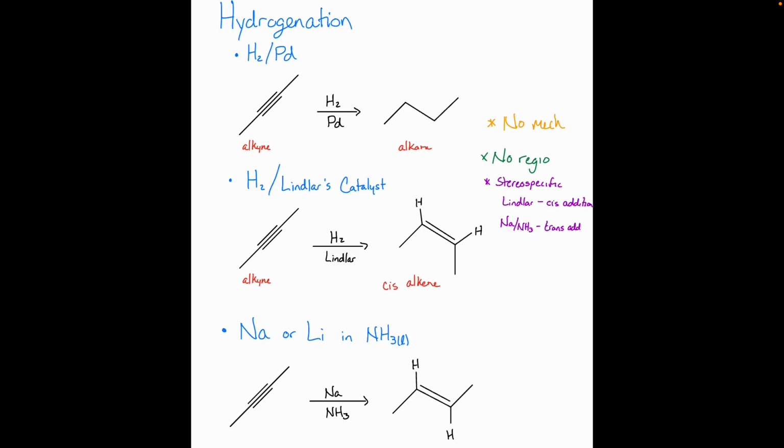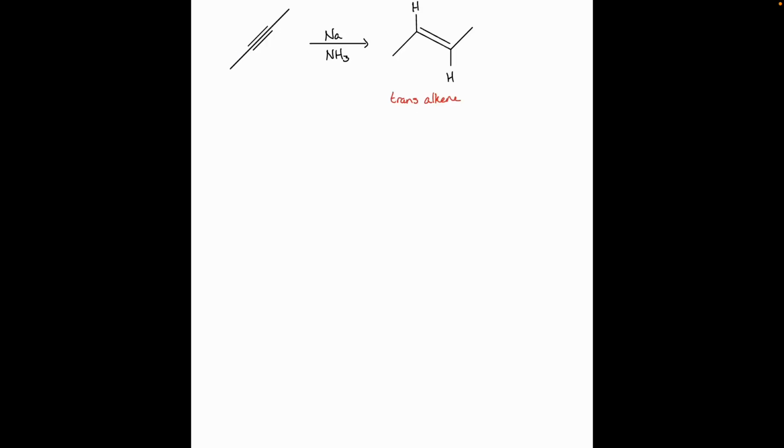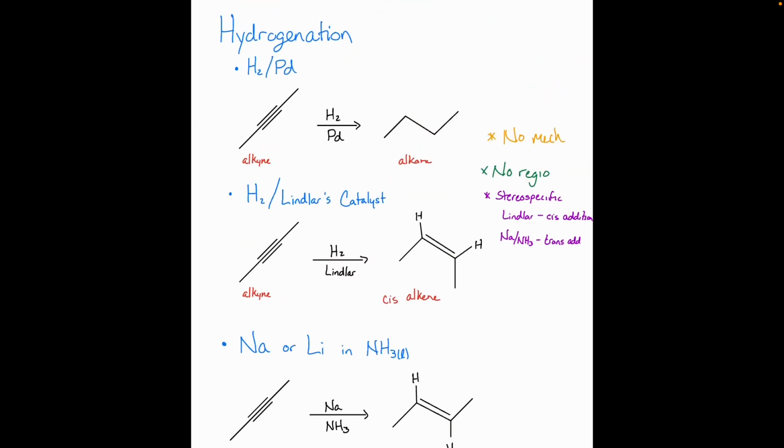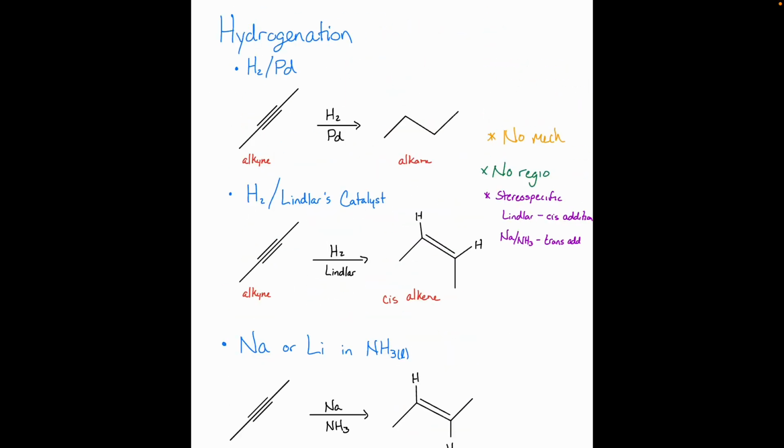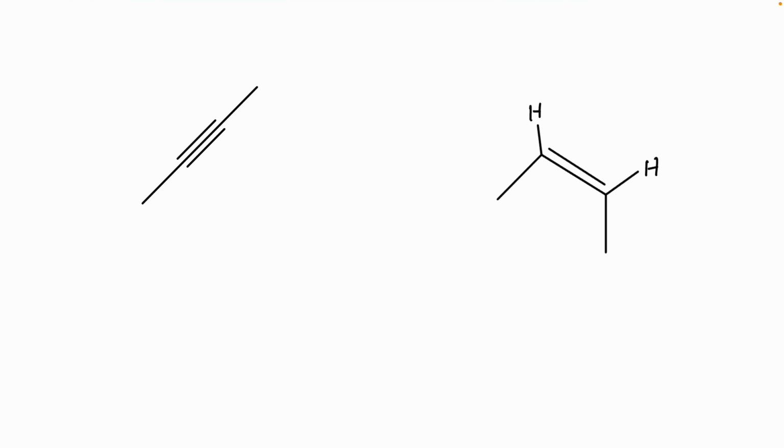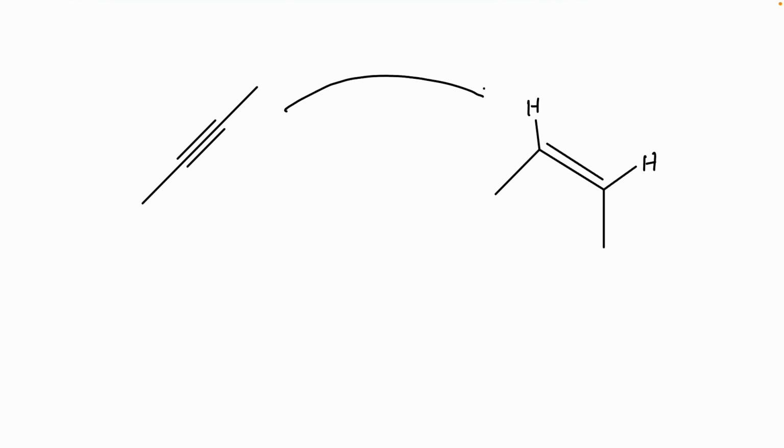Okay, so first of all, let me just stop and emphasize the importance of something real quick. What we just learned how to do was to convert an alkyne to an alkene. Again, this particular method was using hydrogen gas and Lindlar's catalyst.